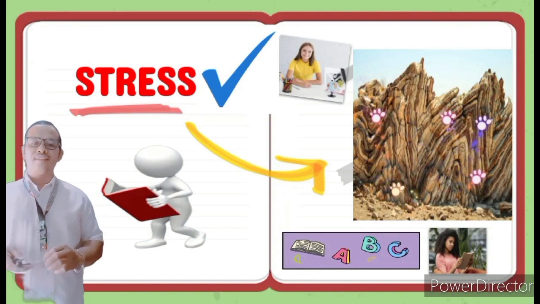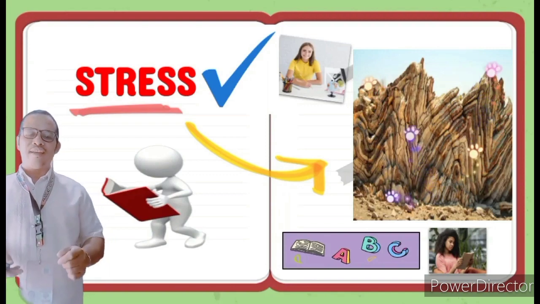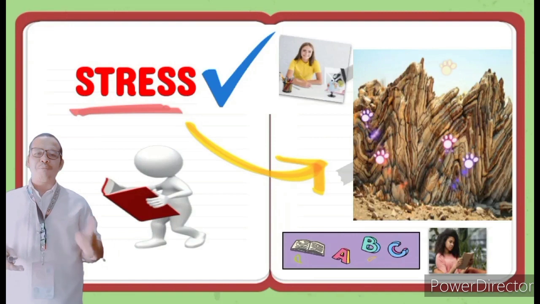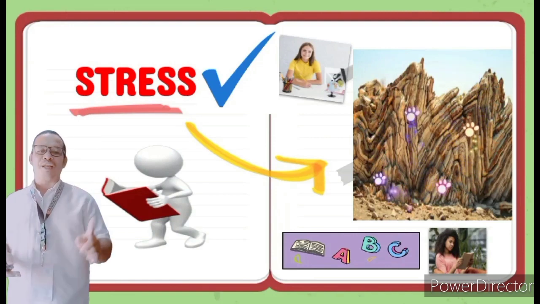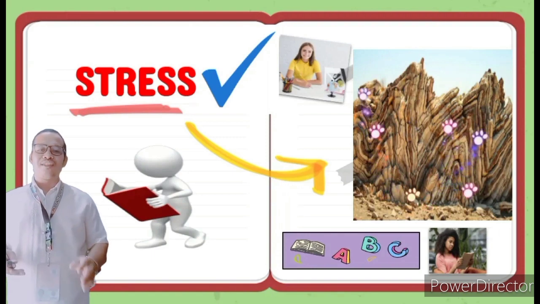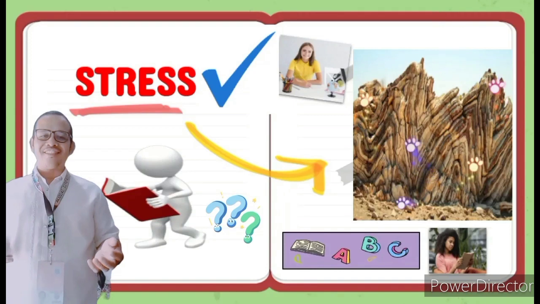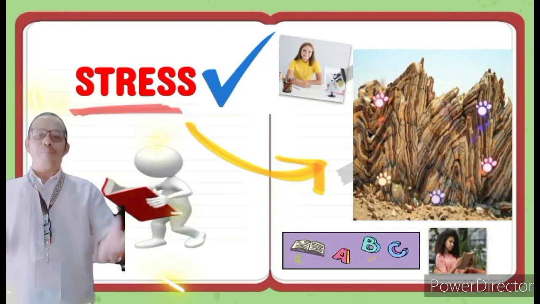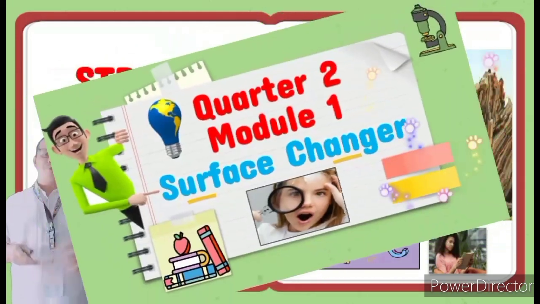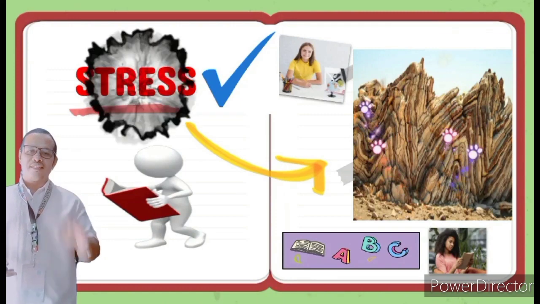On the other hand, the beauty behind these sceneries underwent the so-called stress. It is not only human beings, it is not only animals that undergo stress. Do you believe, Grade 8? Come on, let's explore the amazing world of surface changer, or the so-called stress.